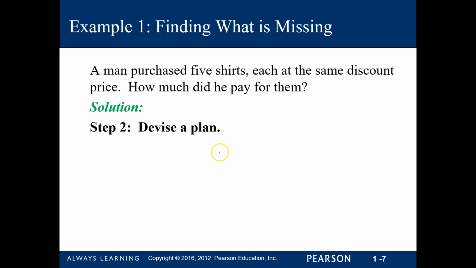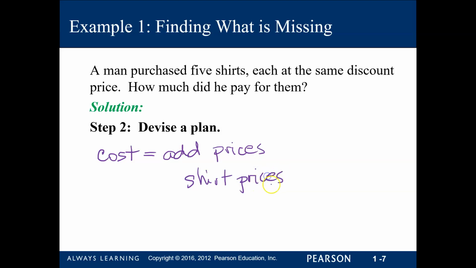Now, how are we going to solve this? Well, we know that for us to get the cost of anything that you buy, you simply add the prices, correct? Now, what are the prices of the shirt? Does it say in here? Unfortunately, the prices of the shirt, and even the discount, do we have those in this problem?